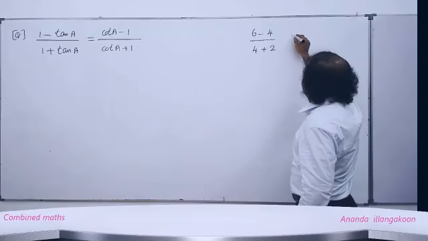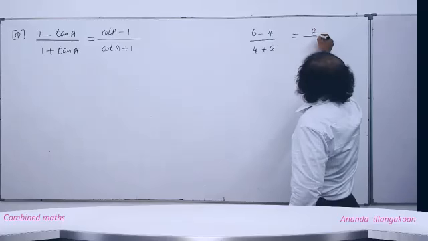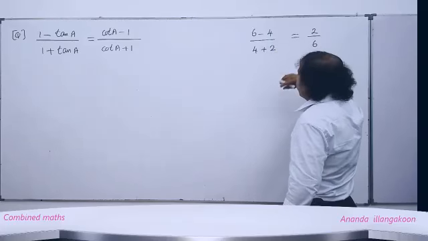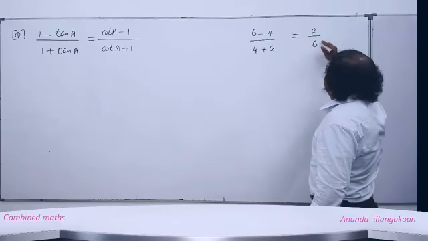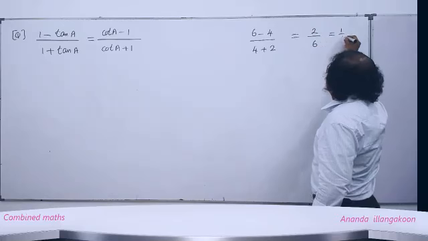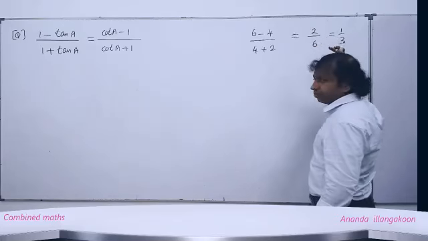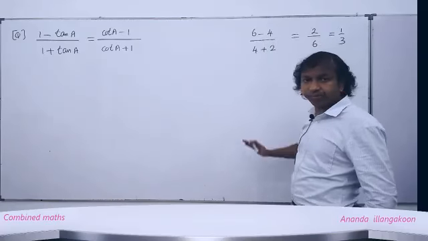When you simplify, 6 minus 4 is 2, 4 plus 2 is 6, right? 2 by 6, people, is 1/3, no? Cancelling both 2 and 6 by 2, we get 1/3. Then the answer of this is 1/3.